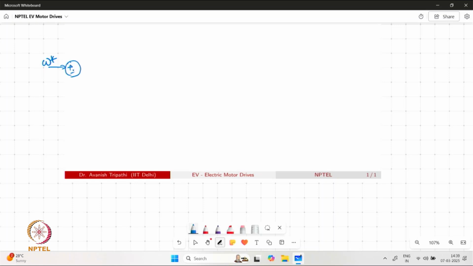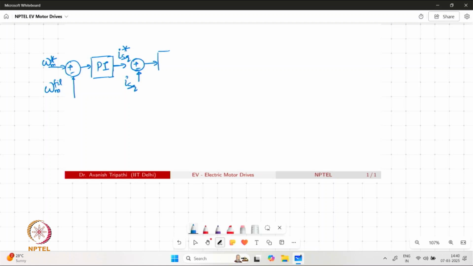And in the feedback based control, we are having the feedback of the speed available with us. So that is compared, that is subtracted from the reference, and the error is fed to the PI controller, as we have seen in the previous class. The PI controller for the speed is basically generating the reference for Q axis current, and this reference is once again compared with the feedback ISQ current.